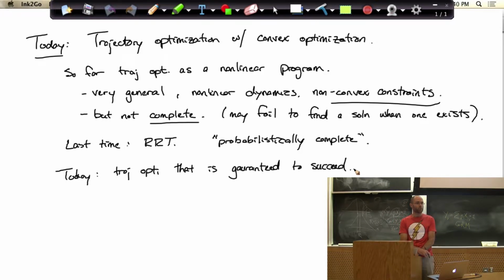Now, there are various versions of it that we could focus on. Just so we don't bounce around too much, I'm going to talk about the ones that can be written down as one particular type of convex optimization, which is a quadratic program.